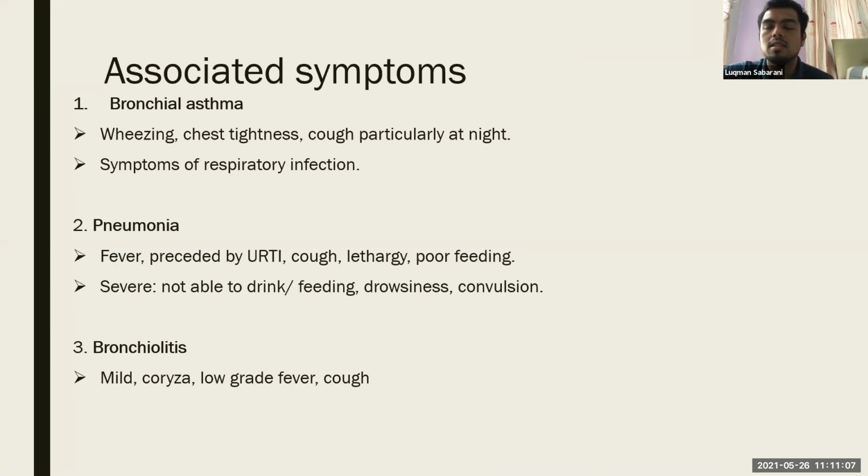The common associated symptoms include fever, preceded by upper respiratory tract infection symptoms, cough, lethargy, and poor feeding. In severe pneumonia, they can present with inability to drink or feed, drowsiness, and also convulsion. And then bronchiolitis, where the patient has mild coryza, low-grade fever, and also cough.